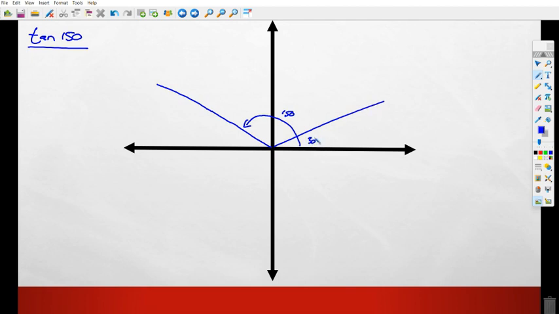So this is 30 degrees, and I'm just going to take this triangle and flip it into the second quadrant. Same triangle, but if I flip it into the second quadrant, can you see that now my angle becomes 150 degrees instead of 30? But it's still the same triangle, so this is still 30 degrees. So instead of saying 150 degrees, I can say tan of 30 degrees.